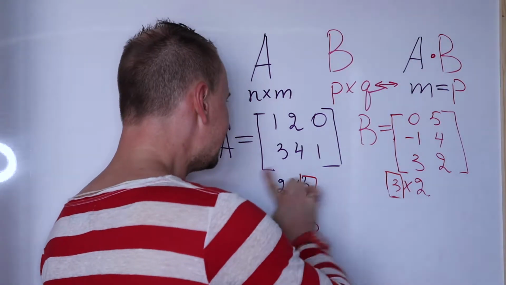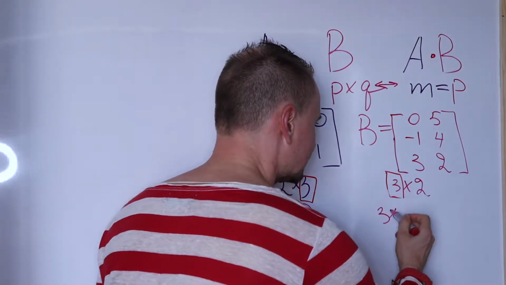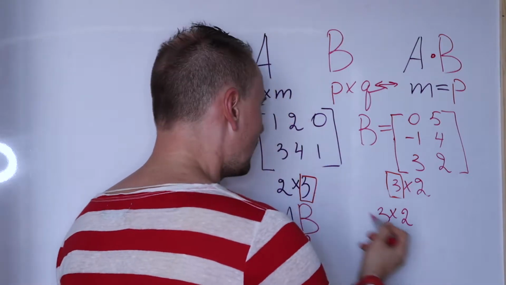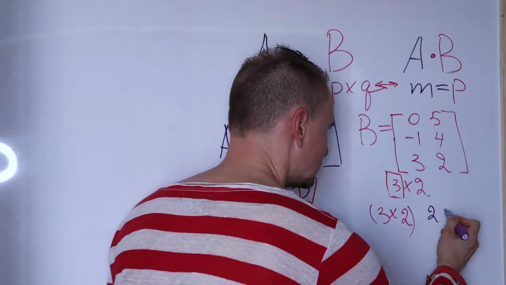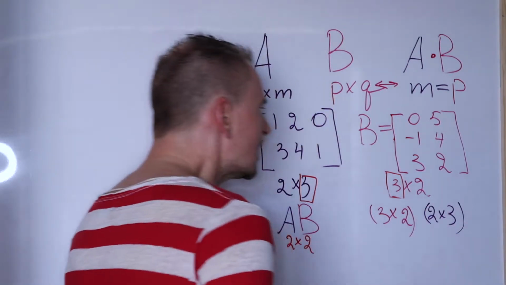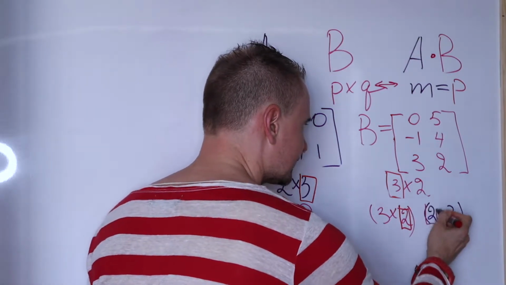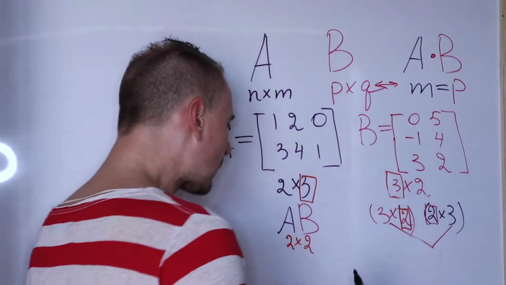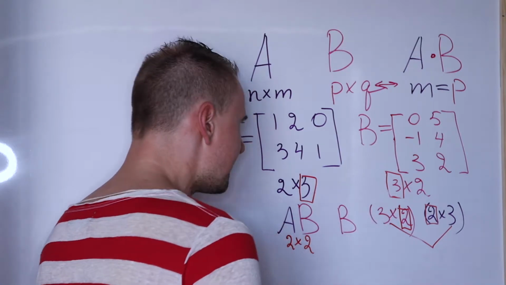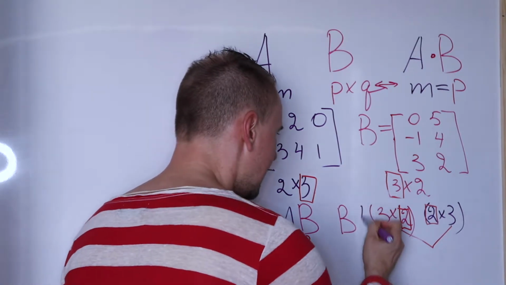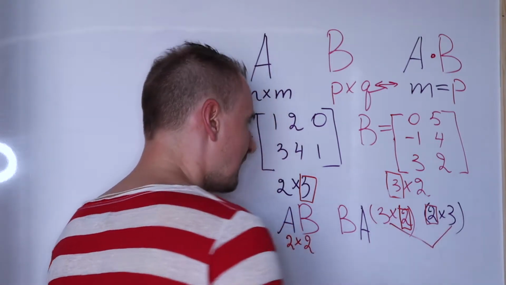I'm going to multiply B times A. So the size of B is 3 by 2, and the size of A is 2 by 3. Since these inner numbers are the same, it's 2, the size of their product, B times A, is going to be defined by these outer numbers, which is 3 by 3.